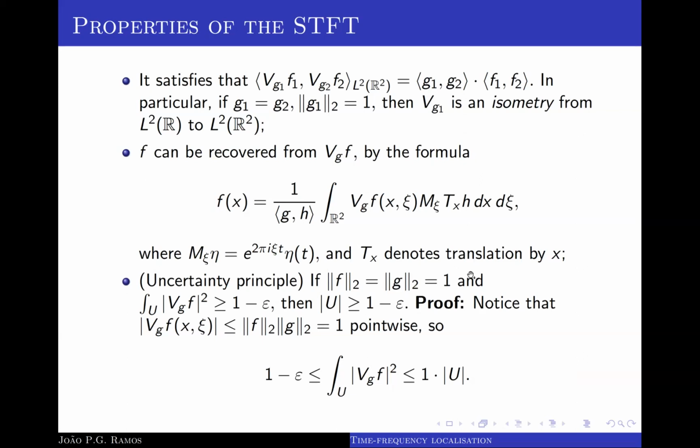So it's a natural question to ask: is this bound on the set U optimal in a certain sense? If I have this bound that the integral of the short time Fourier transform squared over U is at least 1 minus epsilon, can we find an example of a U with measure equal to 1 minus epsilon or very close?